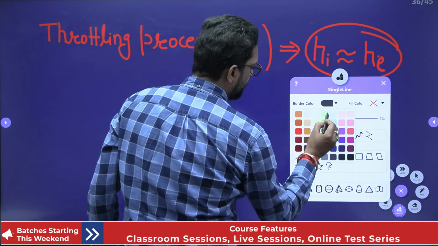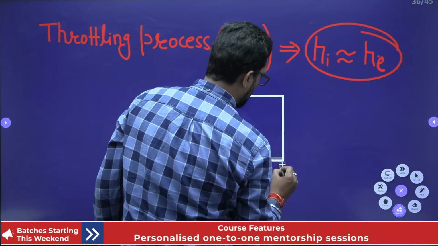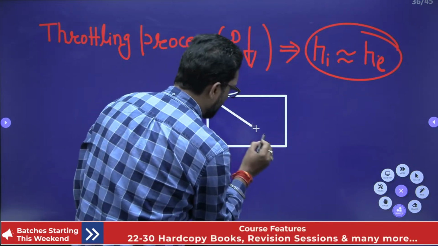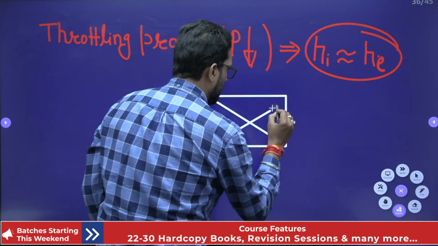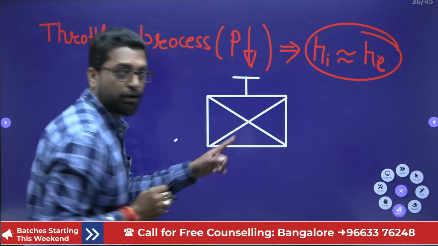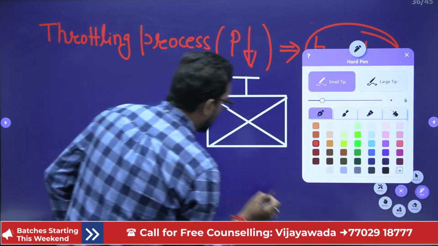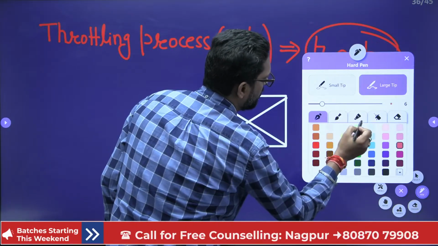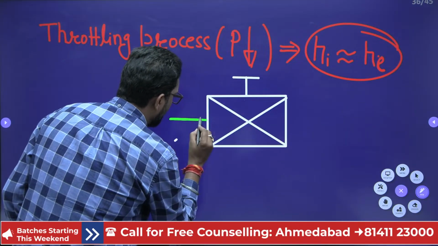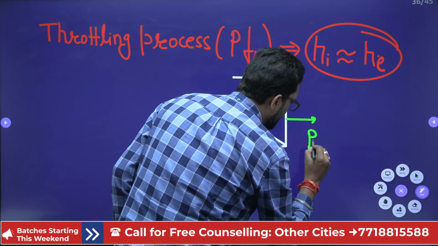If you throttle this one, that means the fluid enters with pressure Pi and the fluid exits with pressure Pe.